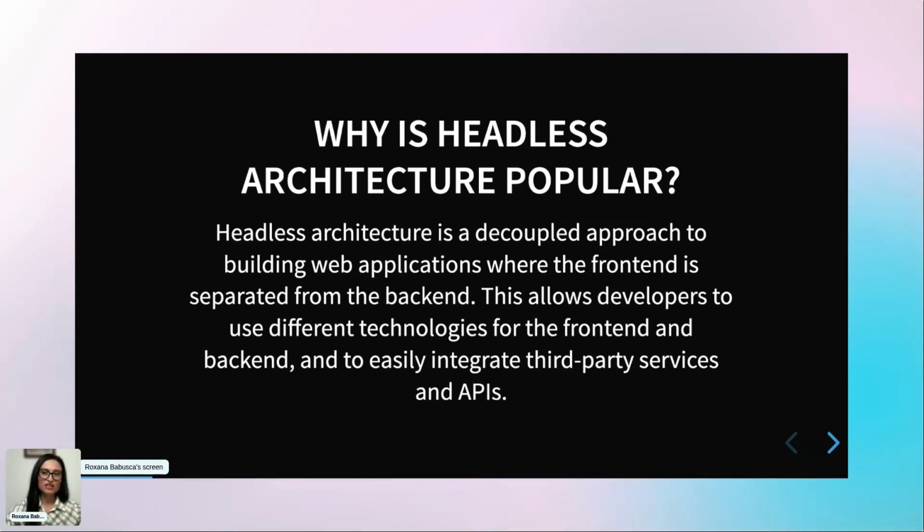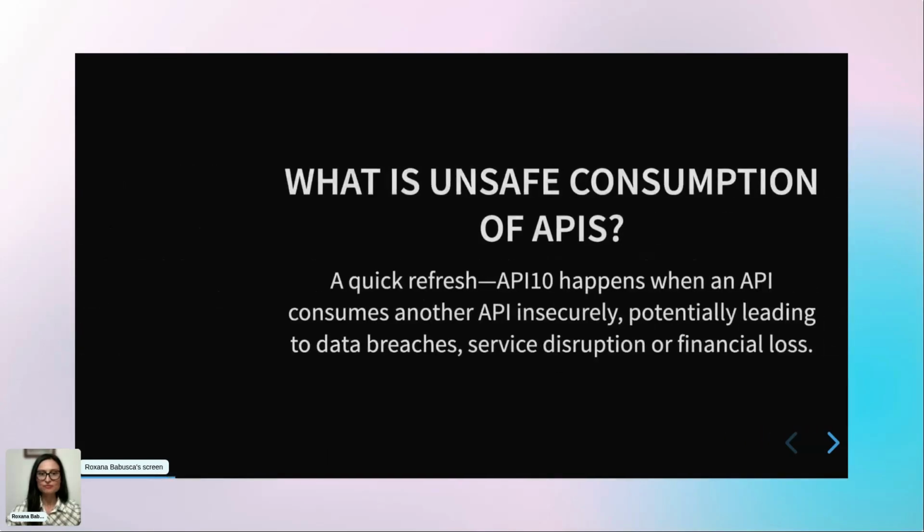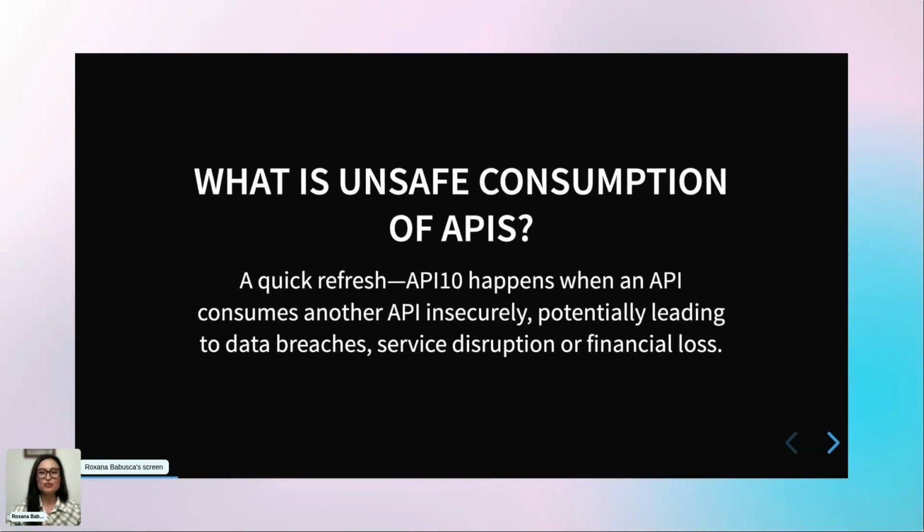For example, a developer might use a payment gateway API to handle payments, an SMS OTP API for account password reset, or a social login API to allow users to log in with their social media accounts. However, integrating third-party APIs also introduces security risks.